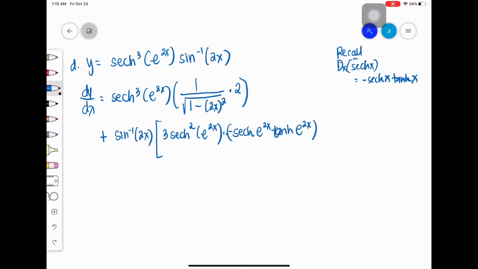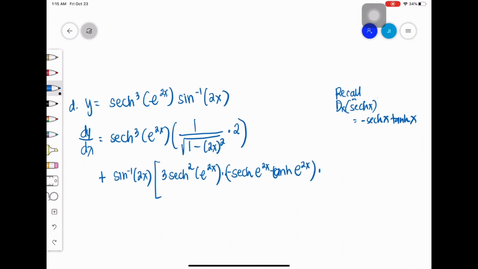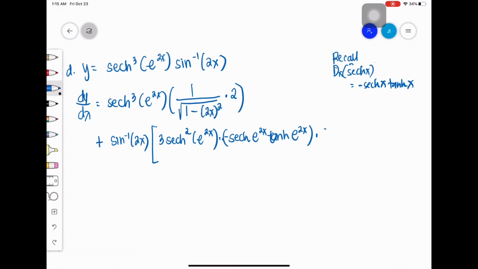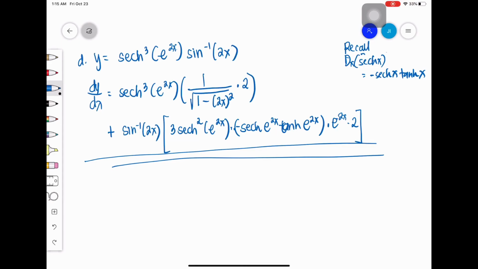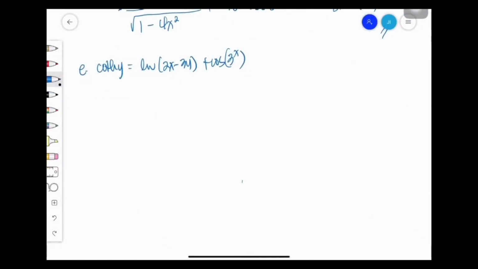Do you follow? Then, since what's inside hyperbolic secant is still a function of x, and that's e raised to 2x, we just need to multiply this by the derivative of e raised to 2x, which is e raised to 2x times 2. Tama? If in this course, hindi na kailangan i-simplify, this is already acceptable. Okay tayo doon?